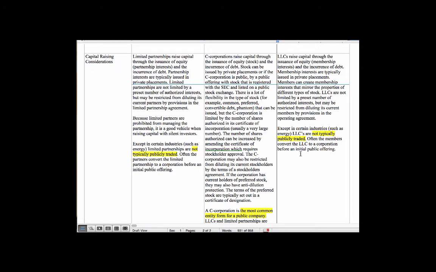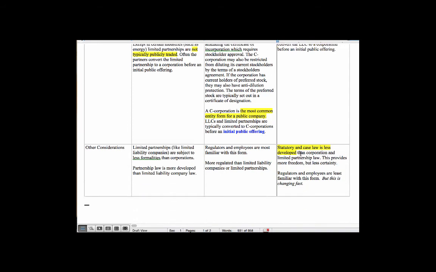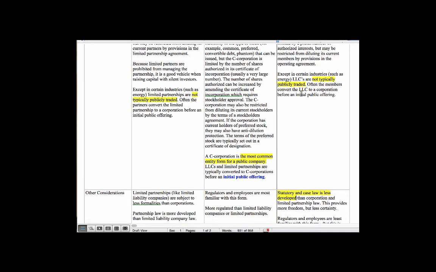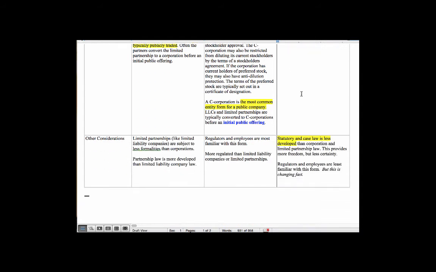Now, some people say that the reason why they're hesitating to switch to LLCs has been that there's a lack of history around LLCs, that the law is not well developed, that these are relatively new statutory creatures. In fact, 10 years ago, no one used them very often, and now that's not so true.